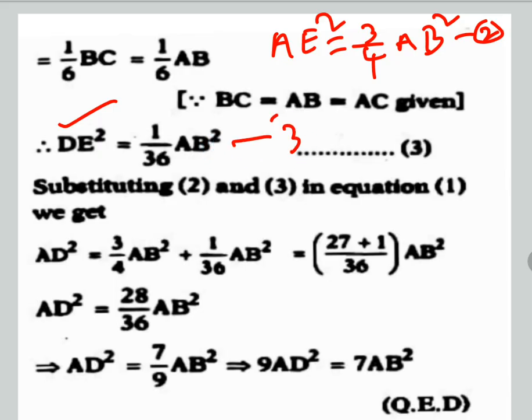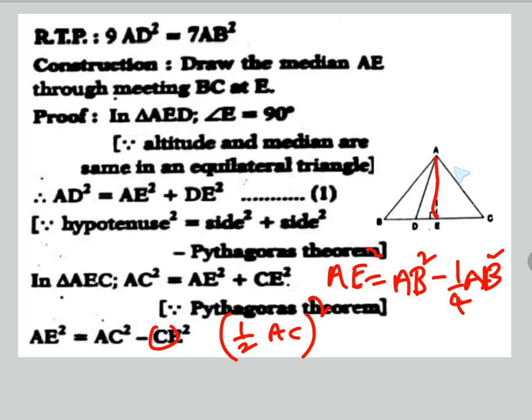This is number 3. From 2 and 3, what is AE square and DE square? Now look at it: AE square plus DE square is equal to AD square.